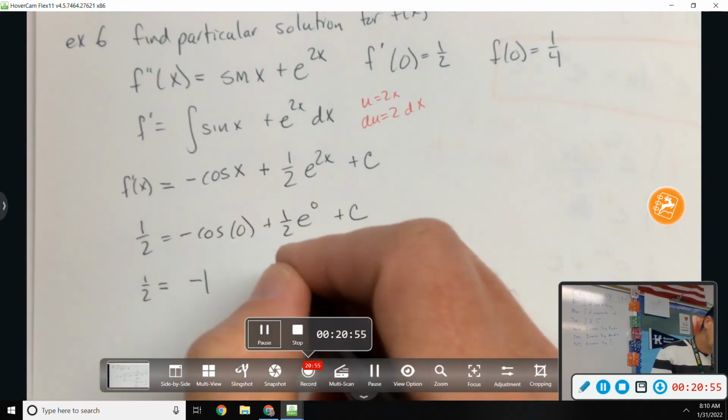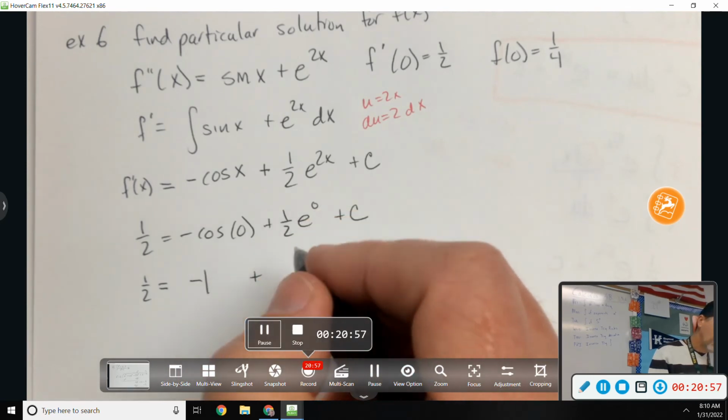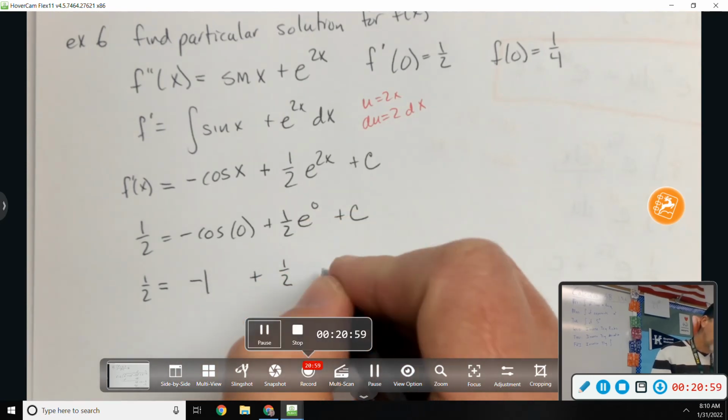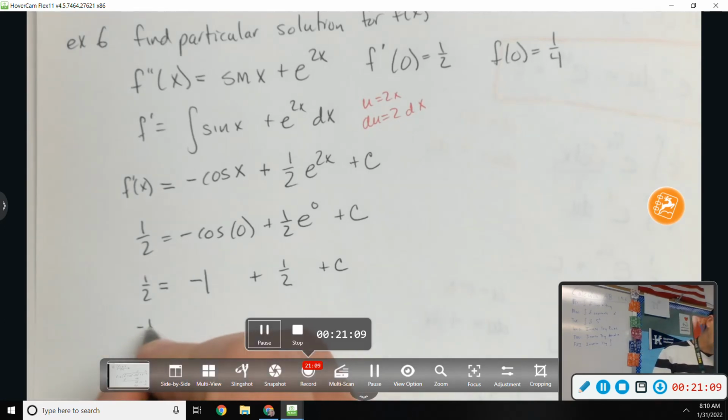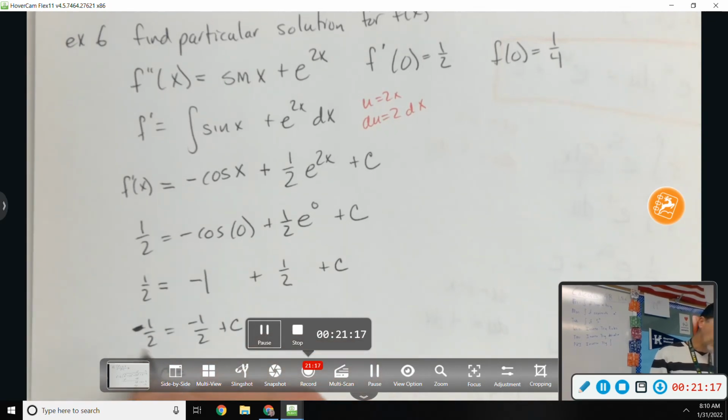What's e to the 0? 1. So let's see, does all this cancel out? No, it doesn't all cancel out. 1/2 equals negative 1/2 plus c. So if I move the 1/2 over, that first c is 1.